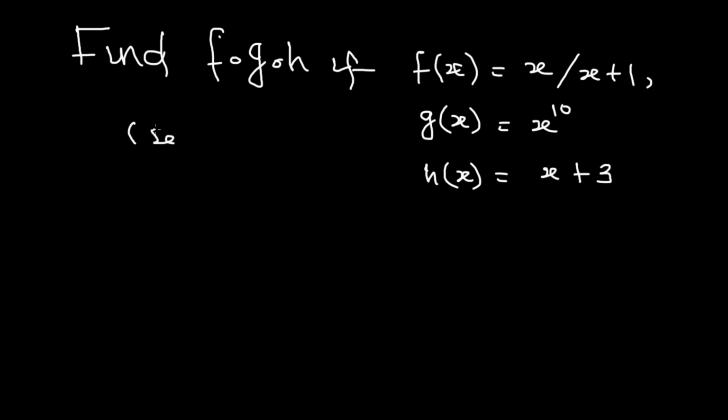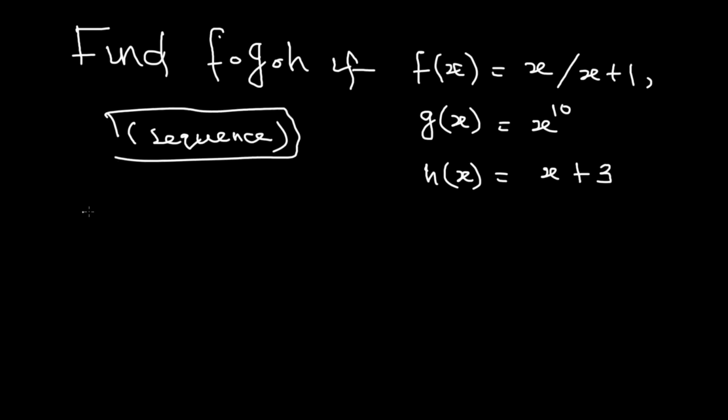Once you can sequence what you're doing, everything becomes easier. So sequence is everything when it comes to these things. So let's try this one. Okay, so f of g of h.